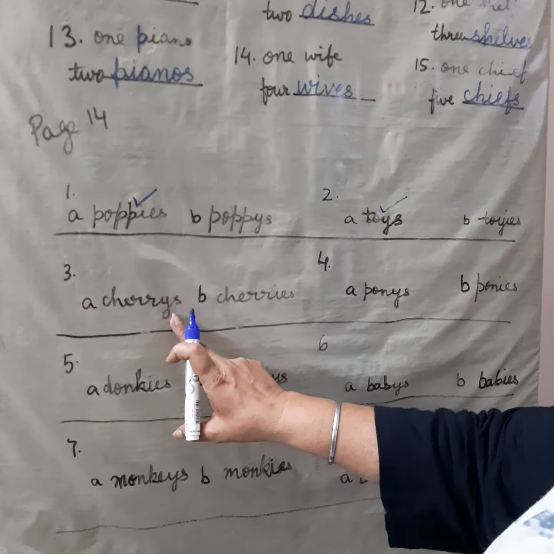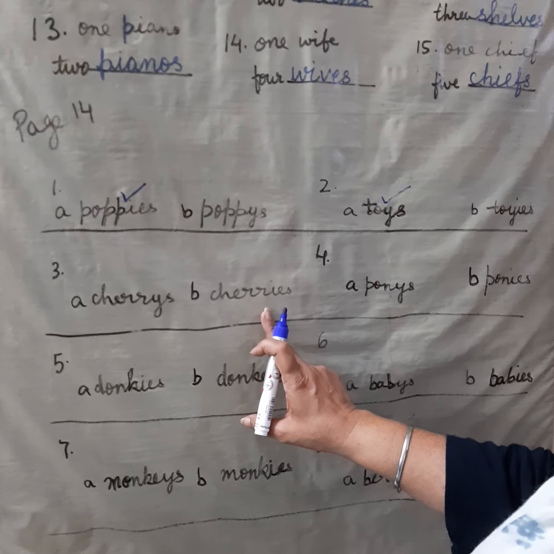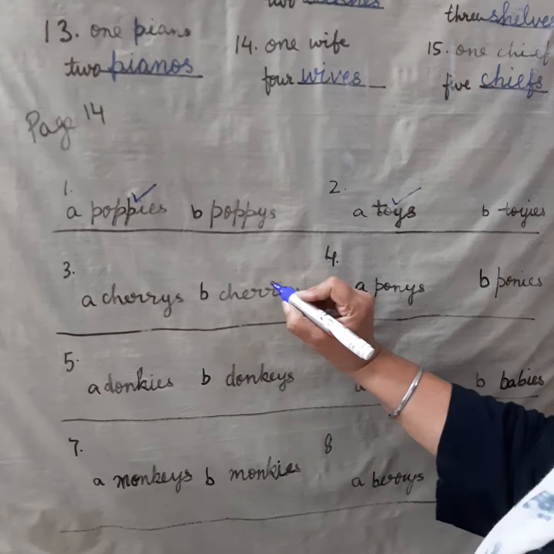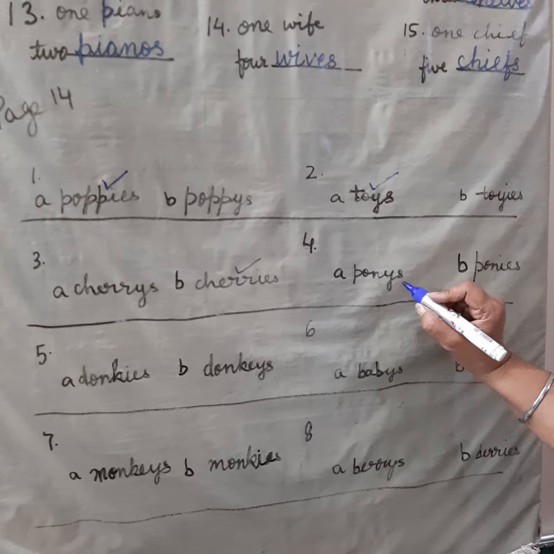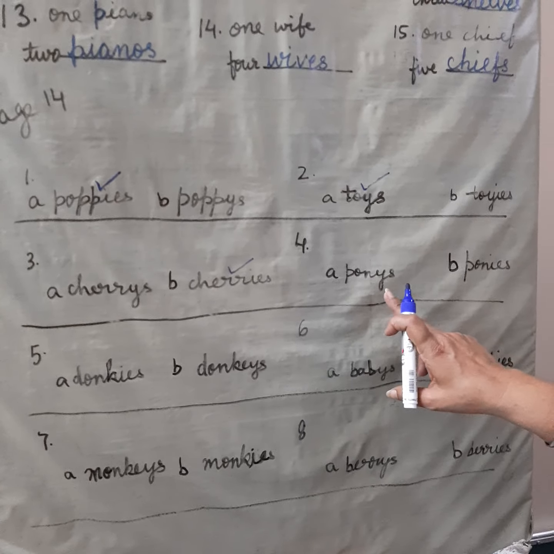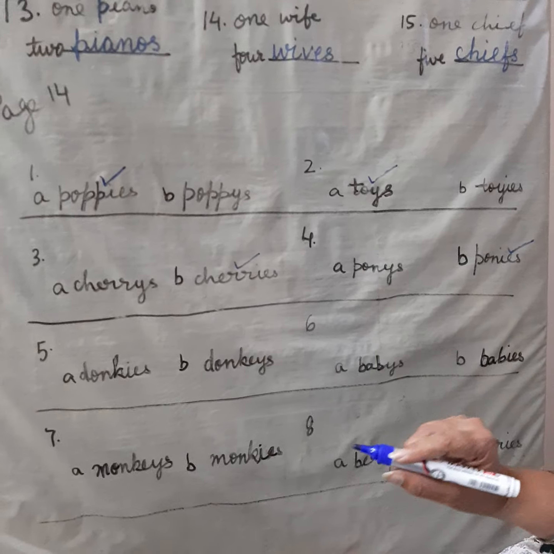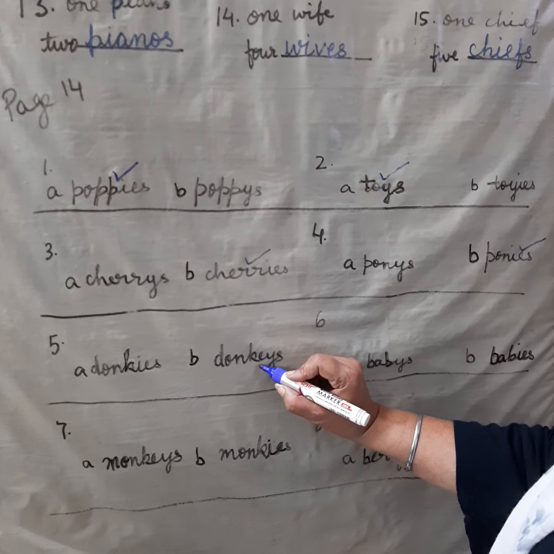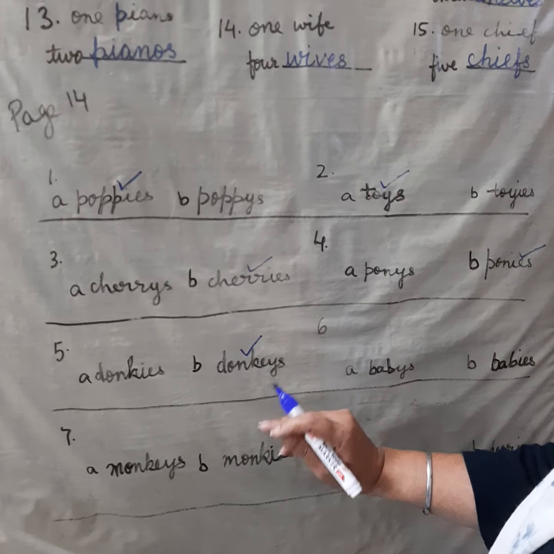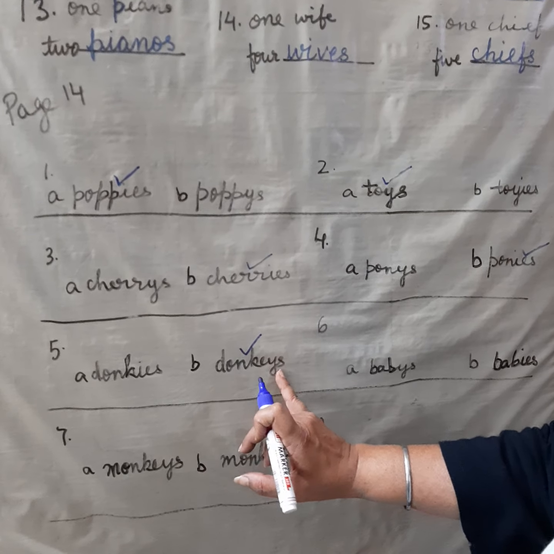Now, cherries. Which is the correct spelling? We will replace Y with IES. Very good. Now, ponies. Yes, we will replace this Y with IES. Now, donkeys. Yes, since the second last letter is a vowel, we will just add S to donkey to make it plural.